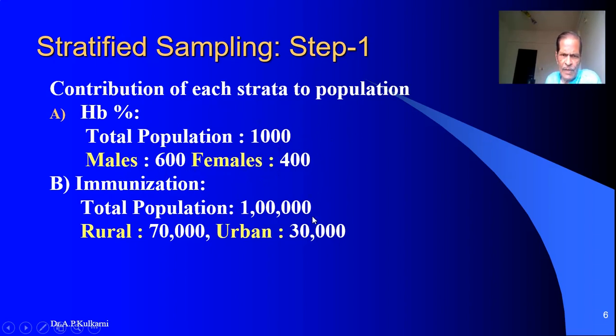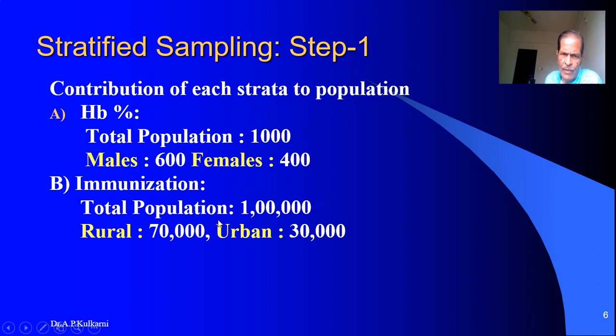Similarly, in this case we require the total population in that block in which the immunization coverage is to be estimated. So the total population is say 1 lakh, and the rural population is 70,000 and the urban population is 30,000. So the requirement is that the population has to be finite, that means we know the number of units, that is the males and the females, the number of individuals.